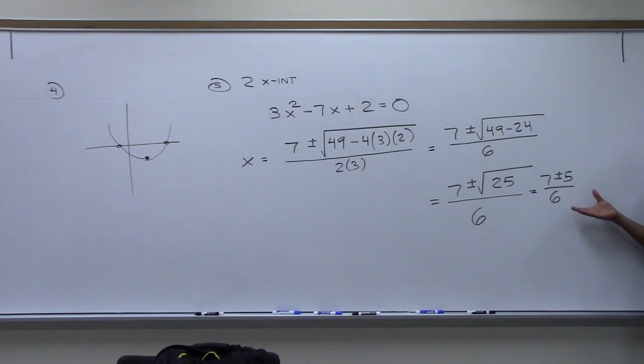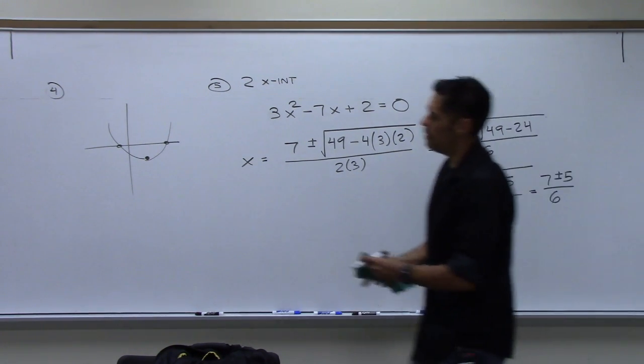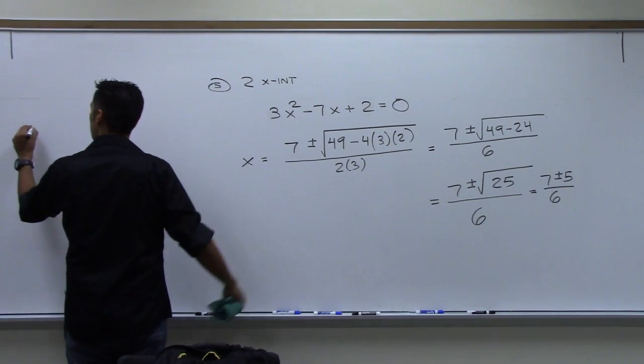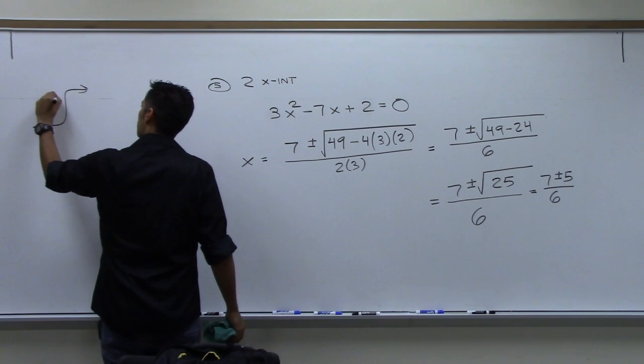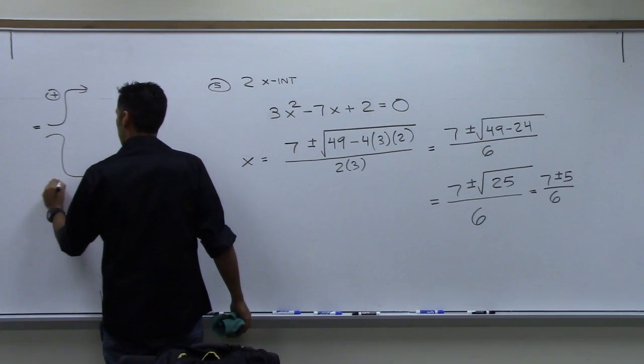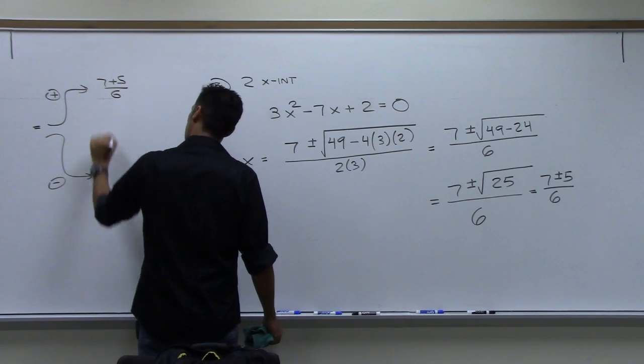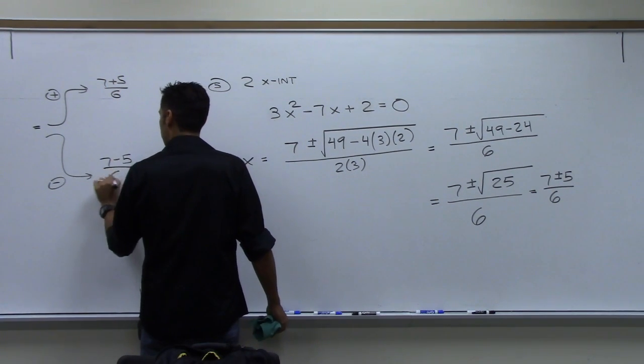And so now at this point, I can do the 2 different cases. 7 plus 5 over 6, 7 minus 5 over 6. So I'll do that right here. So equals the plus and the minus. 7 plus 5 over 6, 7 minus 5 over 6.